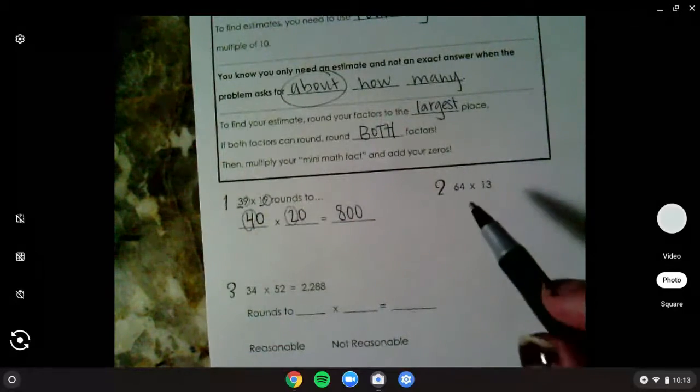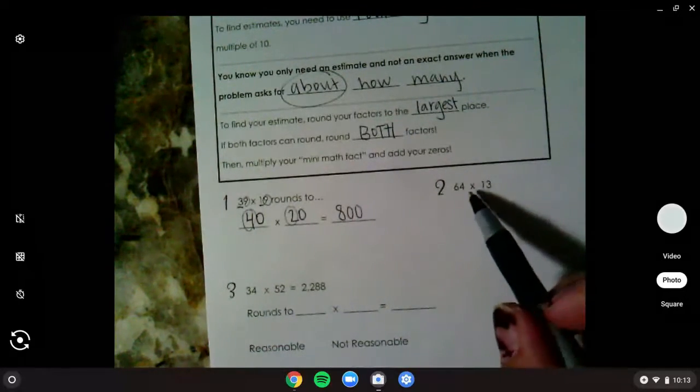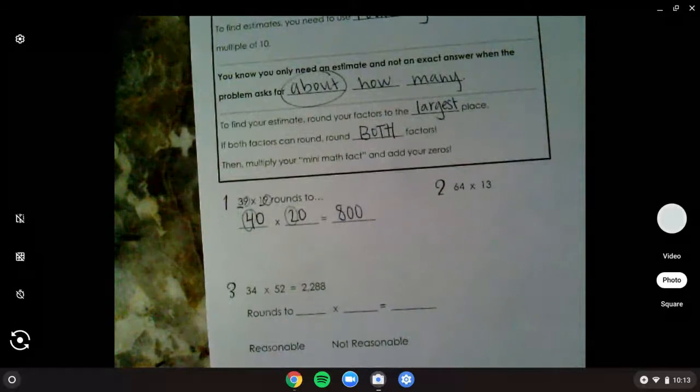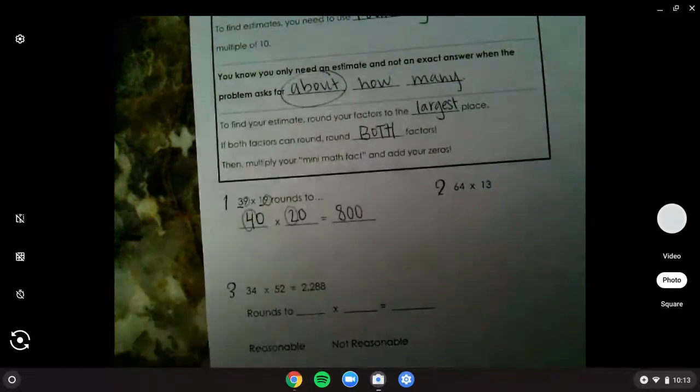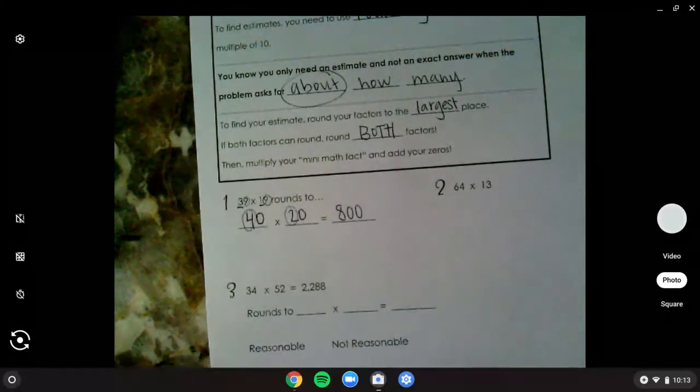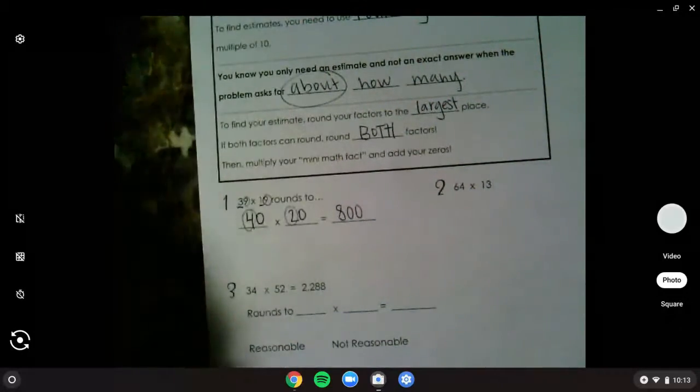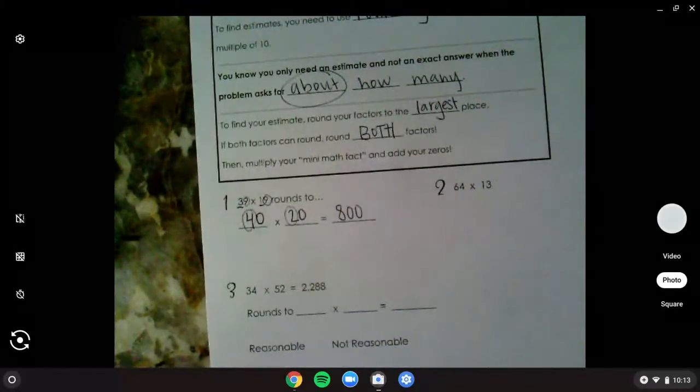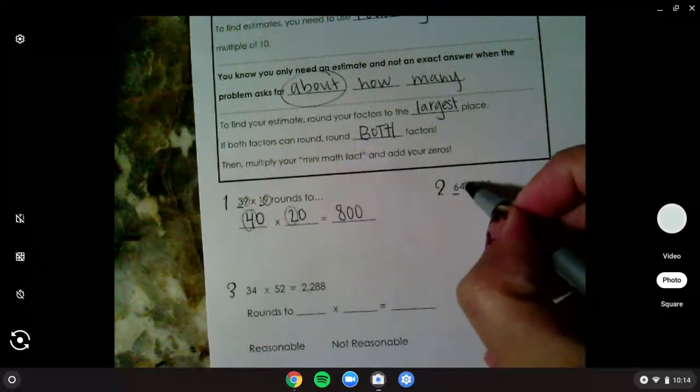Okay, so let's try our next one. 64 times 13. To do this, we're going to round our 64. We're going to round it down, or are we going to round it up? We are going to round it down because it's got that 4 next door.